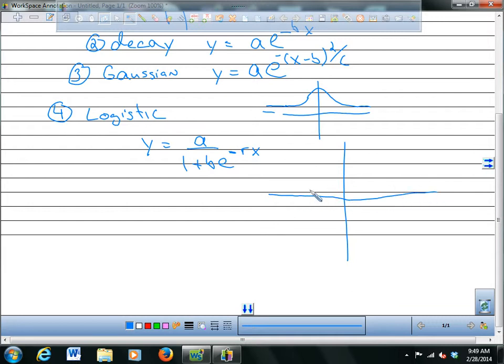They come up in business, and they look kind of like this. They start off with an asymptote down here, and then they start increasing exponentially, and then they start approaching another asymptote that way. So this might be like you start a company, and at first your profits start going up really, really fast, but then you reach this saturation point.